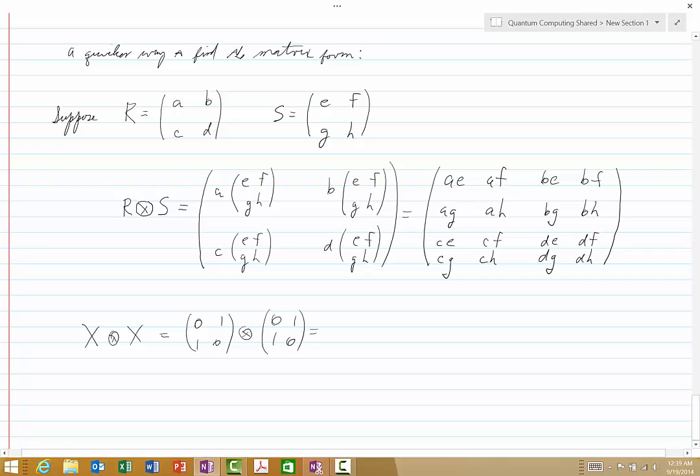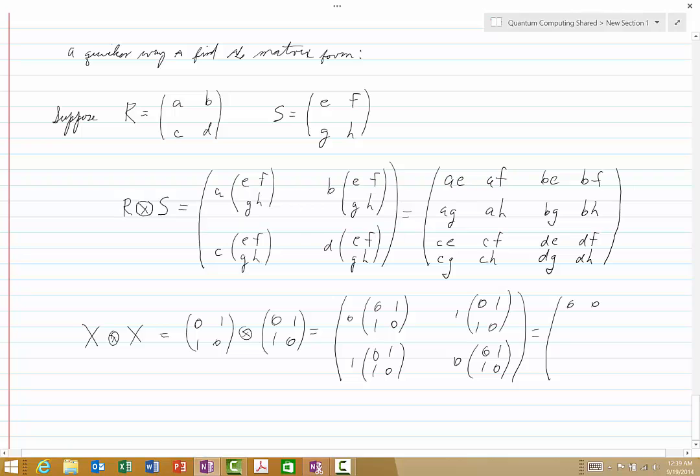And according to what we just said, this would be 0 times 0, 1, 1, 0. 1 times 0, 1, 1, 0. 1 times 0, 1, 1, 0. 0 times 0, 1, 1, 0. And let's see if this does indeed turn out to be right. So we would get 0, 0, 0, 0 here. 0, 1, 1, 0 there. 0, 1, 1, 0 there.